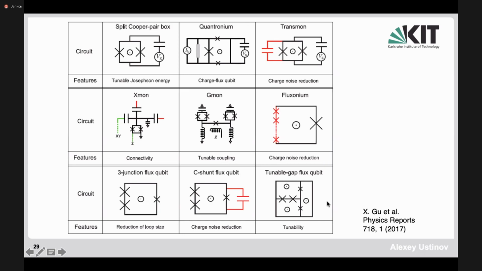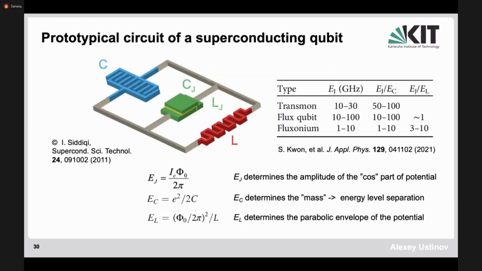So this variety of types of qubits after 20 years of development became rather large, and therefore there are different ways to classify those devices depending on their topology and characteristic parameters such as Josephson energy, charging energy, and the inductive energy of the loop. Again, I showed you already this formula that we discuss here.